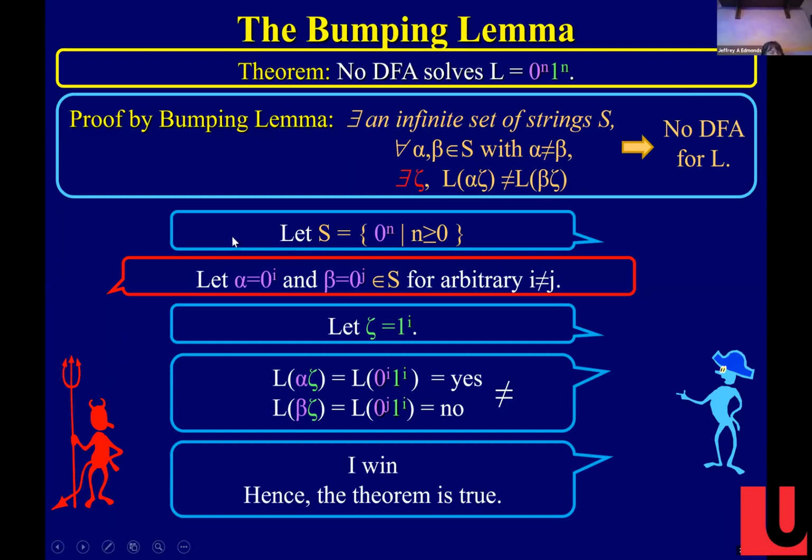You're going to come up with some infinite set of first names, and then the adversary is going to choose two of them from your set. Now you know alpha and beta, and knowing alpha and beta, you get to come up with some zeta. And then you prove that alpha zeta and beta zeta have different answers. Does that make sense?